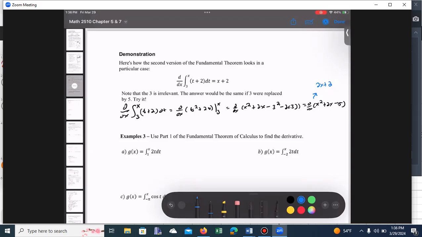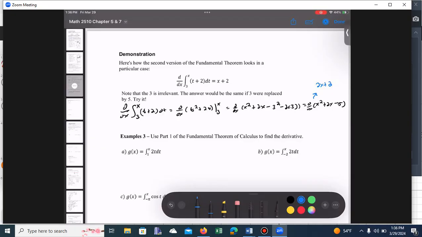I'm missing something here. Put the x in. Oh, I see what I did.